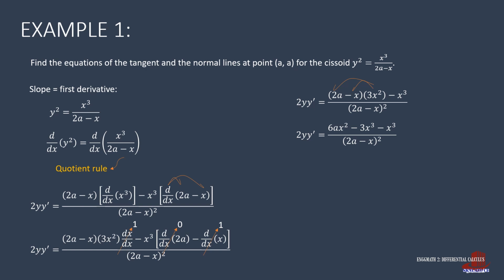So we get 2y prime is equal to 6a x squared minus 3x cubed minus x cubed all upon the square of 2a minus x, where we can collect the terms with x cubed. Again, if we reduce the coefficients, we get y prime is equal to 3a x squared minus x cubed upon y multiplied by the square of 2a minus x. And this is the equation of the slope m.